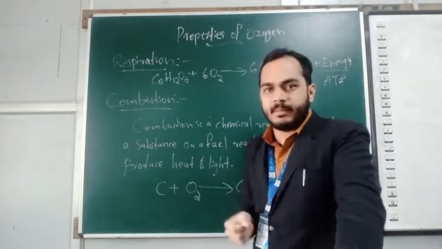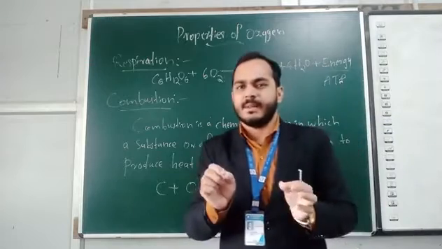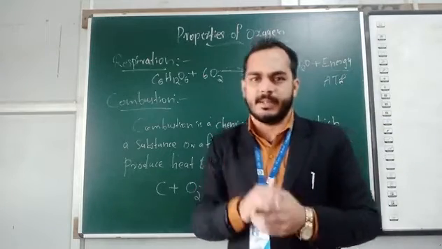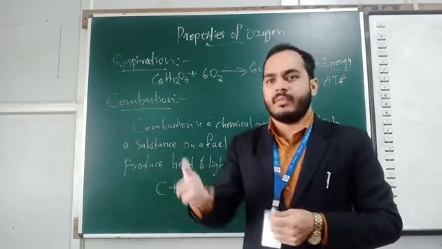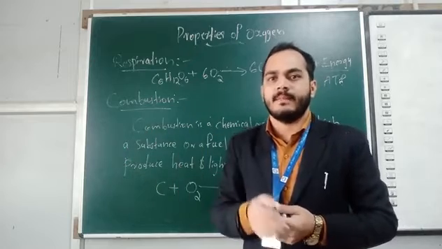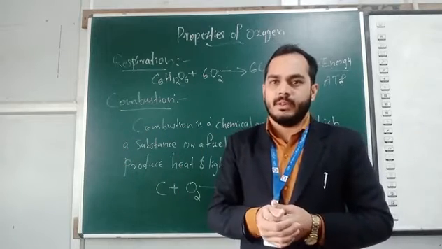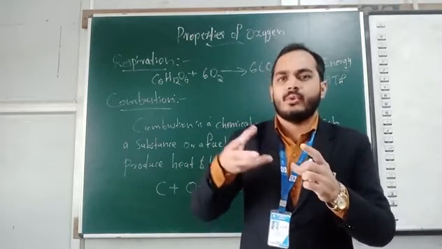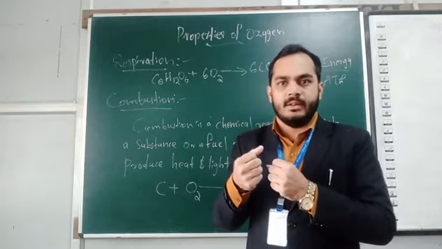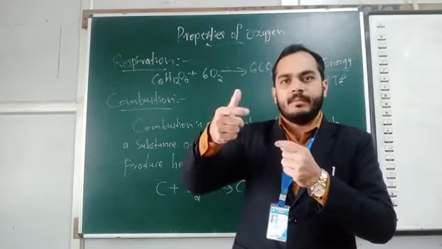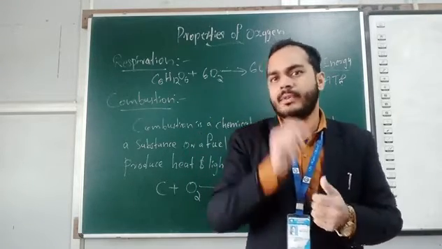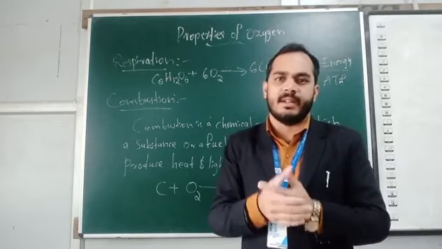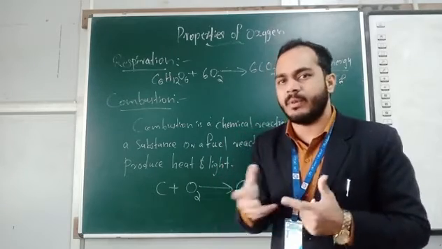I will give one example. Combustible substances are, for example, paper, wood or fuel. If a substance wants to catch fire or burn, one type of gas is compulsory for this burning process. What's the name of the gas?